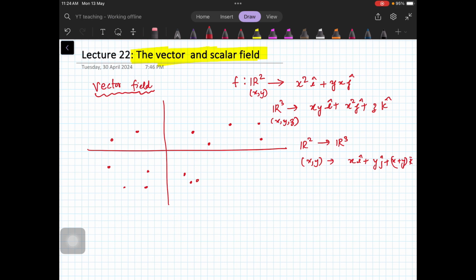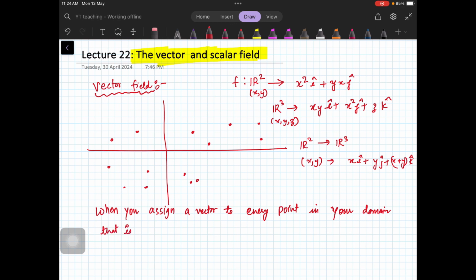So basically, when you assign a vector to every point in your domain, whatever your domain is, as we study in functions, that is a vector field.